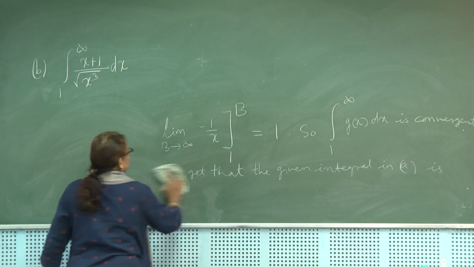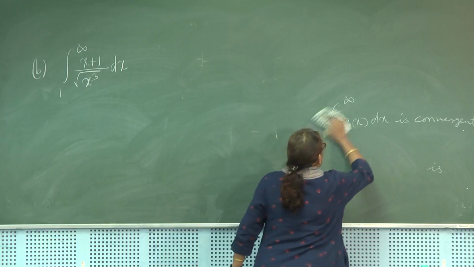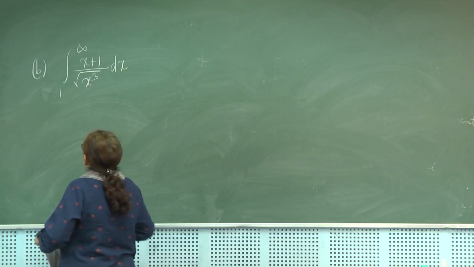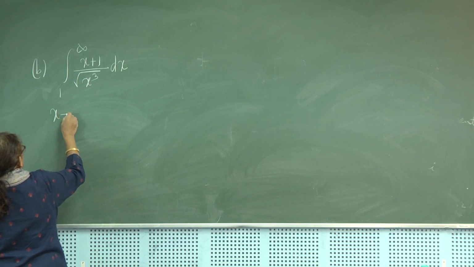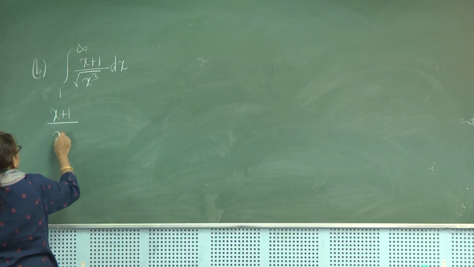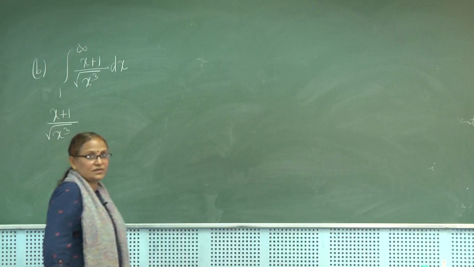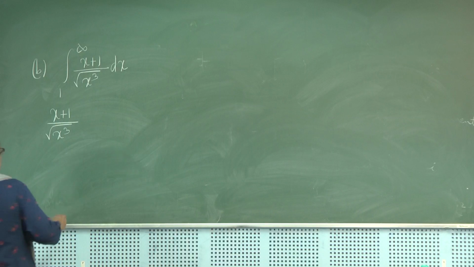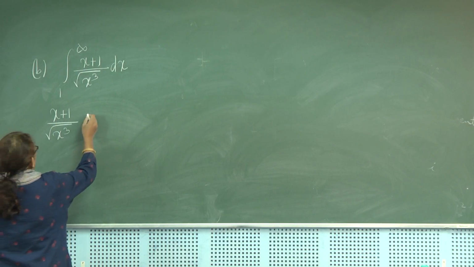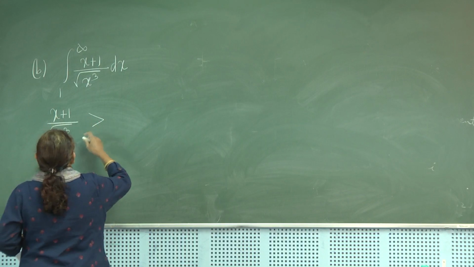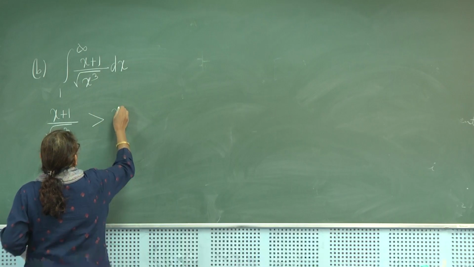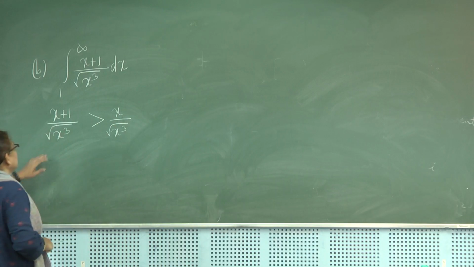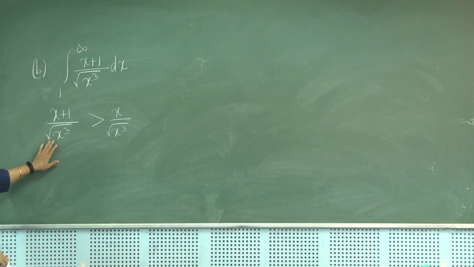Well, for this also we shall apply the comparison test. Consider the integrand x plus 1 divided by square root of x cube. We can get that this is always greater than x divided by square root of x cube, taking the positive square root.